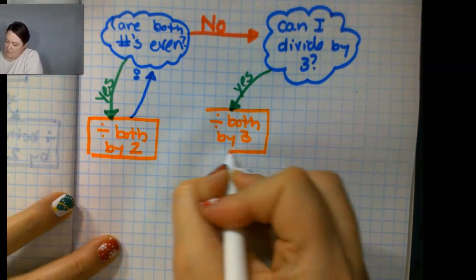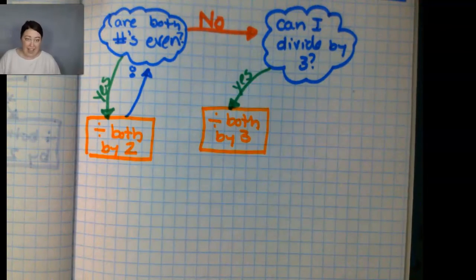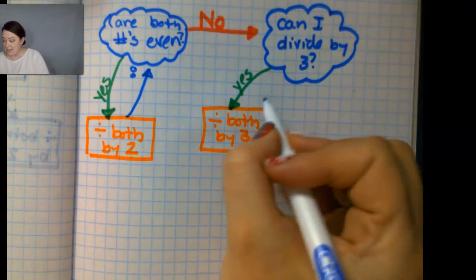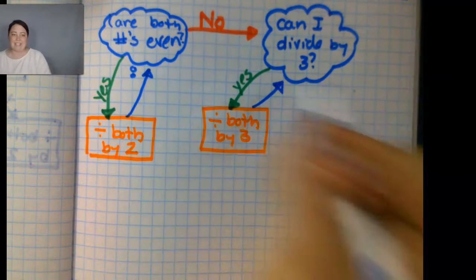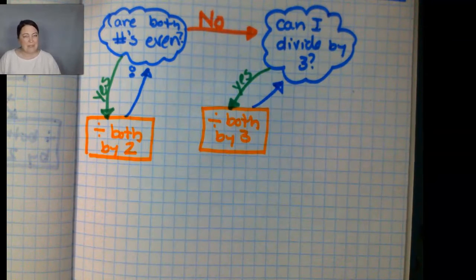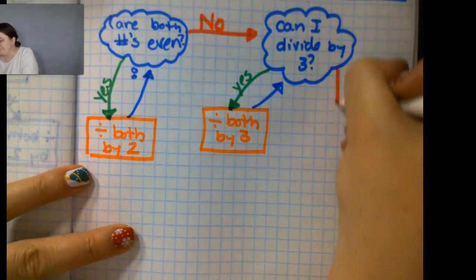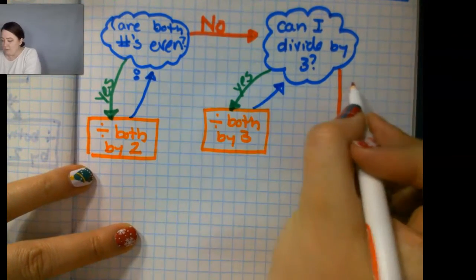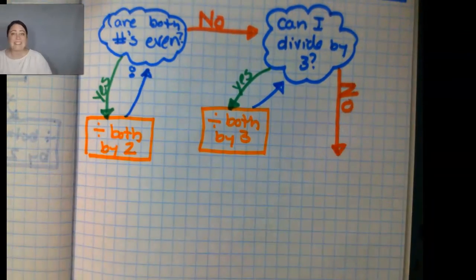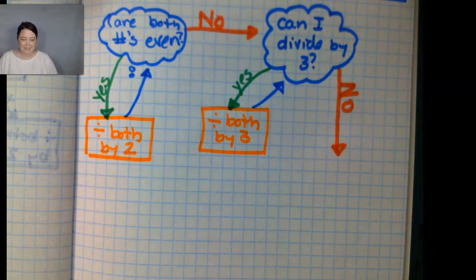Divide by 3. Then ask your question again. Can both numbers be divided by 3? Eventually, you're going to hear the word no. No. Both numbers can't be divided by 3.